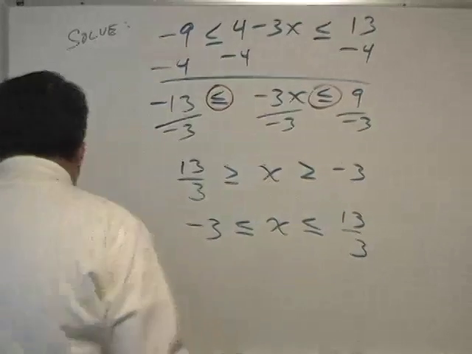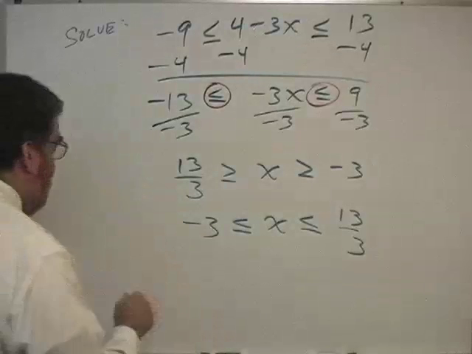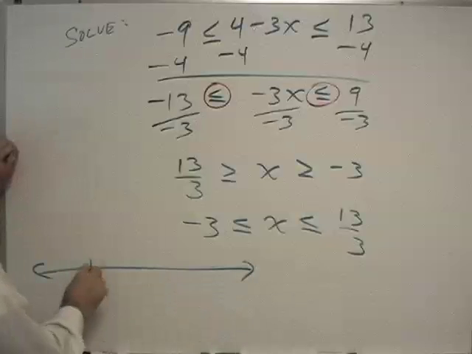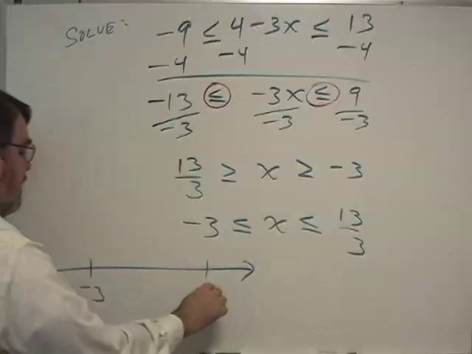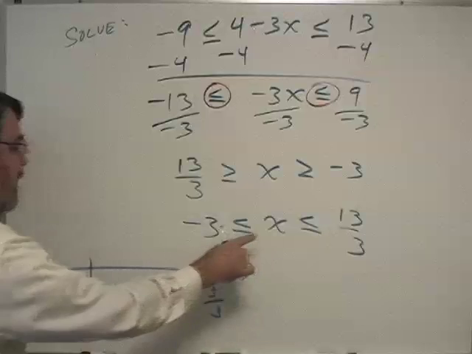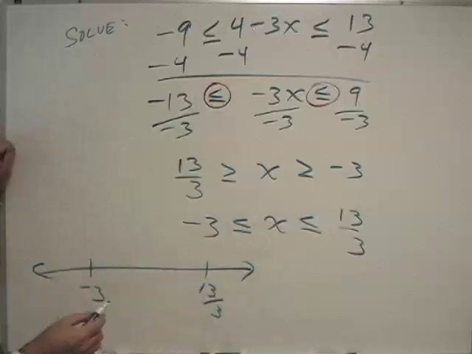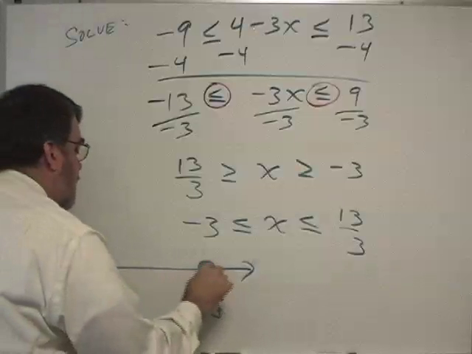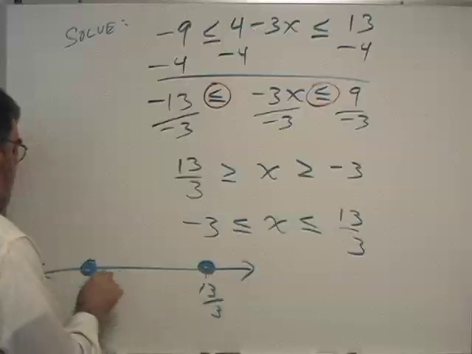And let's see, I guess I can fit it in under here. So negative 3, 13/3, and x falls between, but it's also inclusive of the endpoints. So this is a closed interval that we're graphing.